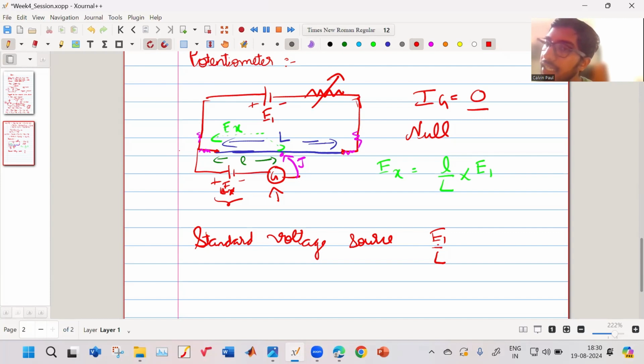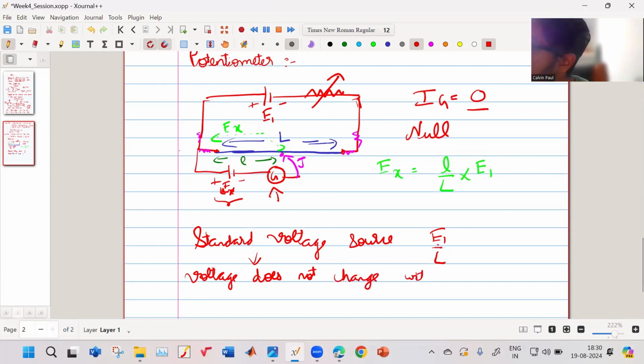So we can get an estimate of the voltage we want to measure. The standard voltage source should also be something whose voltage does not change with time or with current.